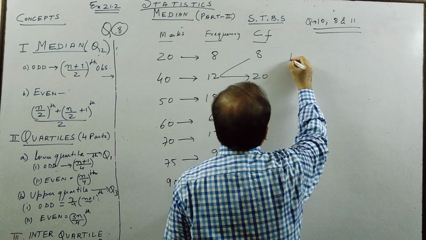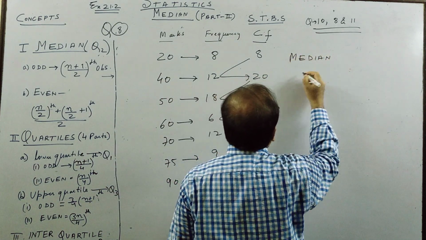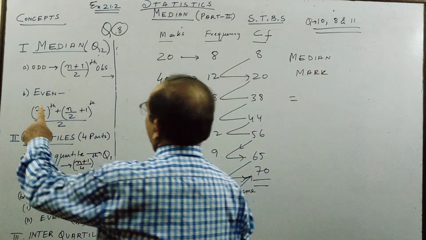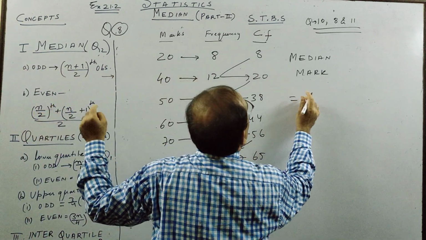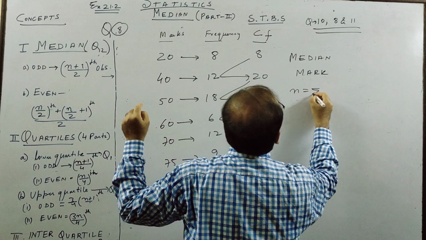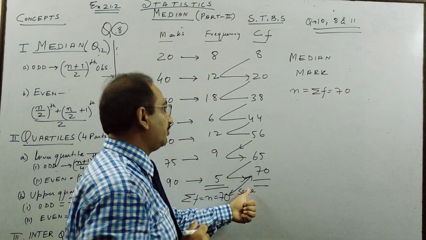So you see, median we have to give, so total value n, that is summation of f, is 70, or the last CF.